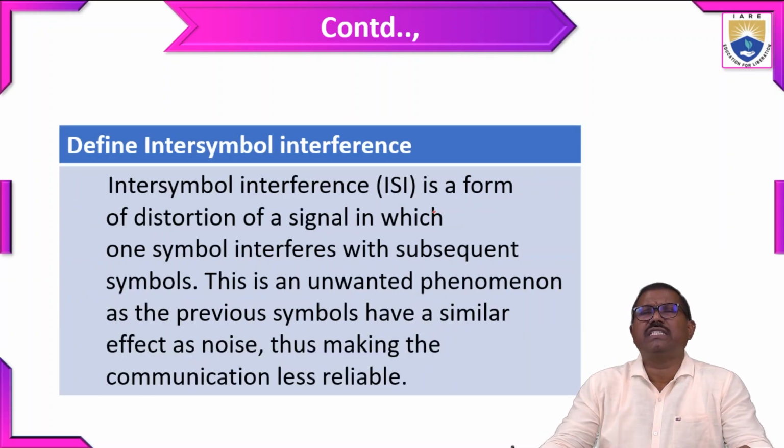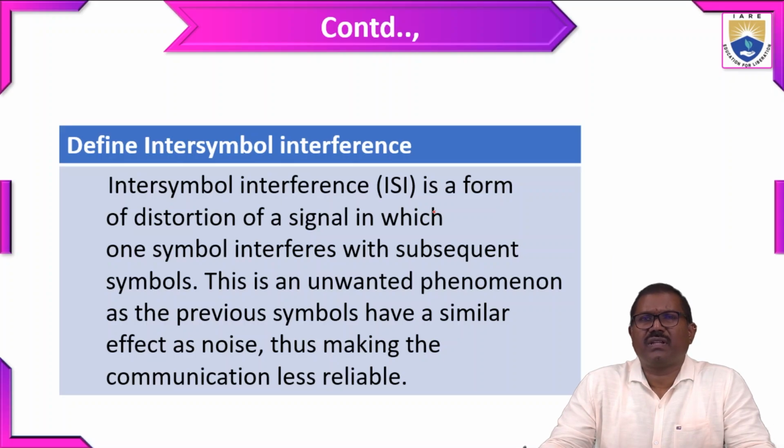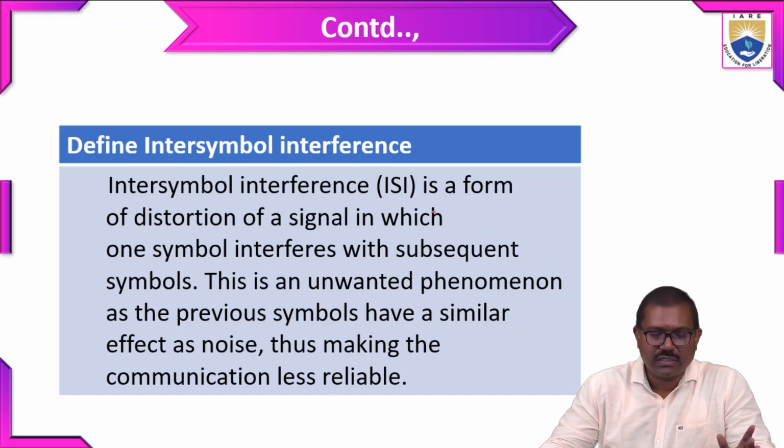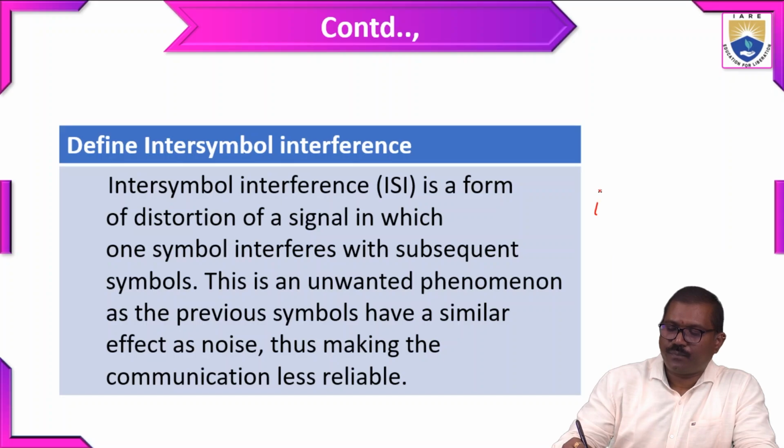Now define intersymbol interference. Intersymbol interference is a form of distortion of a signal in which one symbol interferes with the subsequent symbols. This is an unwanted phenomenon as the previous symbols have a similar effect as noise, thus making the communication route less reliable.